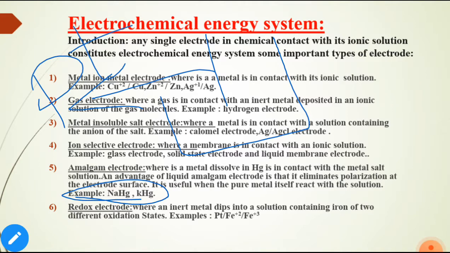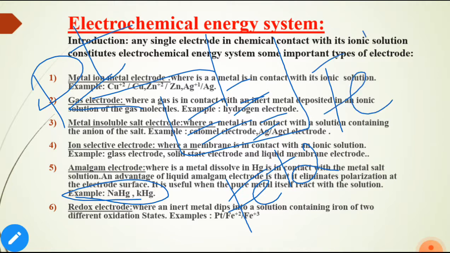Okay, the inert metal is dipped into a solution containing ions of two different oxidation states. Here we have taken a solution of iron, one in the +2 oxidation state and another in the +3 oxidation state.